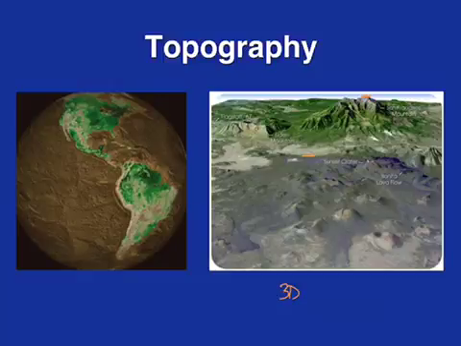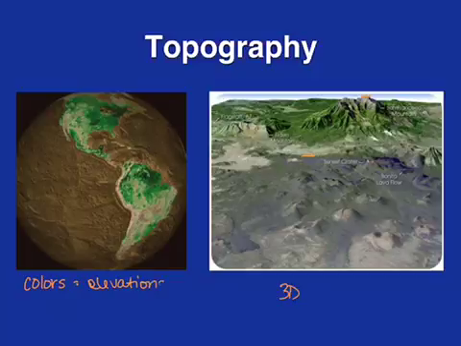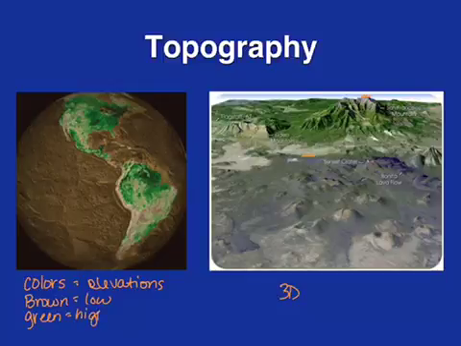Another way to look at it would be the one on the left here, where you can tell that there are different colors, and the different colors represent different elevations. In this particular one, the brown is representing low elevations, where the green is going to represent higher elevations.